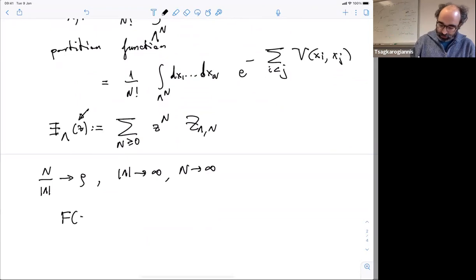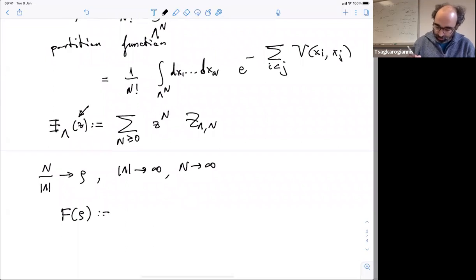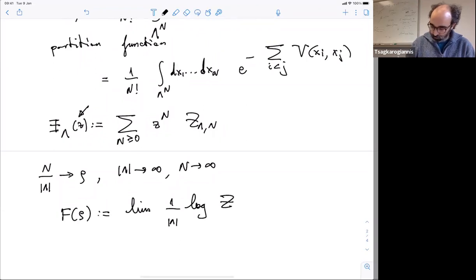The free energy for the homogeneous case, where the density rho is constant, is a real number, not a function. It is exactly defined as the above limit of 1 over Lambda of the logarithm of this. Okay.